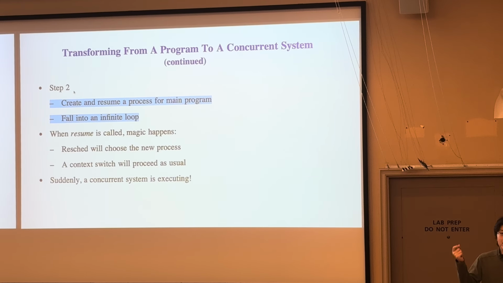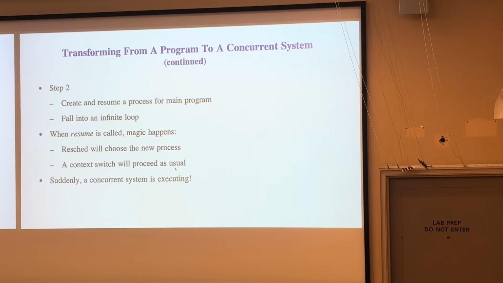After the context switch, the null process will be switched out, and the main program will be switched in and will be executed. So when resume is called, the magic happens. The reschedule chooses a new process because the new process has higher priority. The main program has higher priority than the null process, and the context switch will proceed as usual, and now you have a concurrent program.